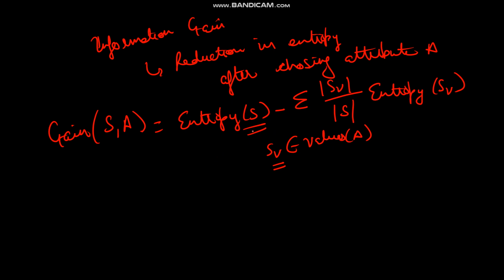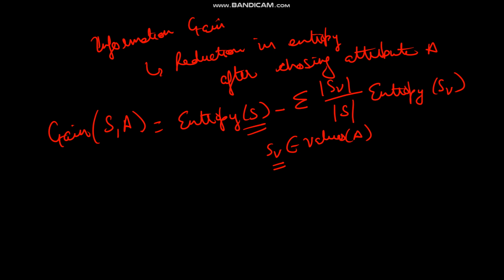So we will calculate that entropy first, then from the entropy we will subtract the sum over all the values of S sub v, where S sub v belongs to each value, divided by S, that is the total number of values, multiplied by the entropy of each and every value for that attribute. So this is how we calculate information gain.